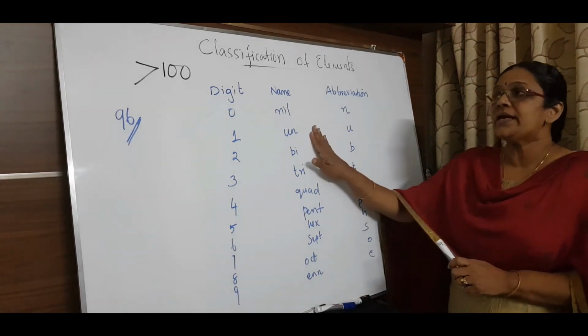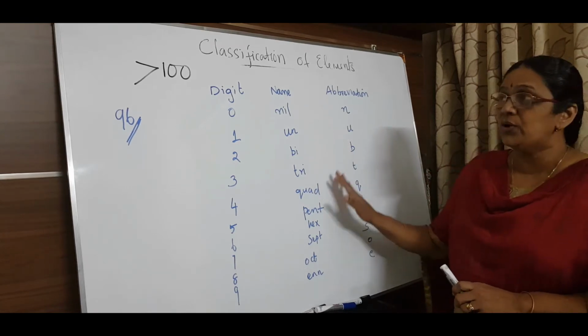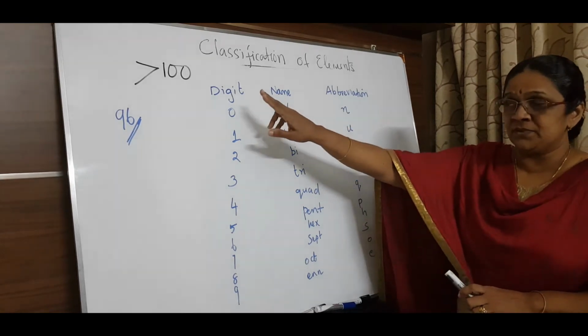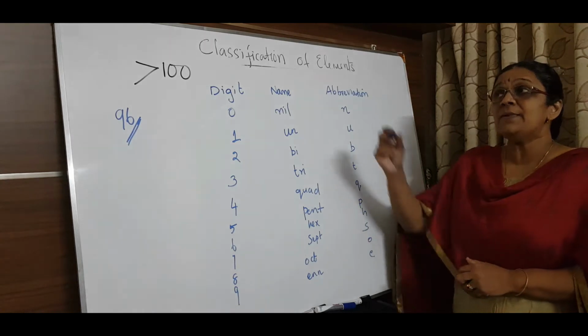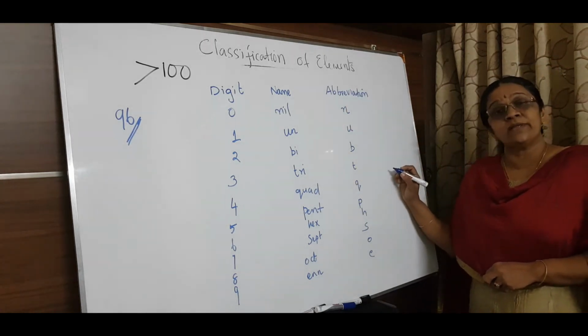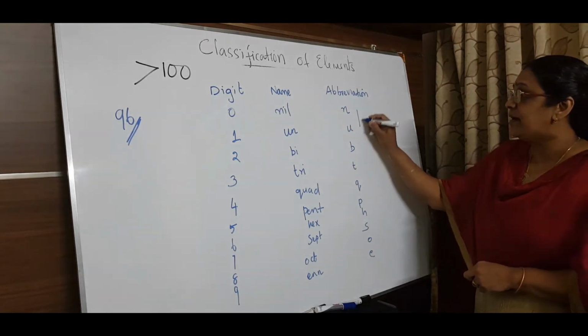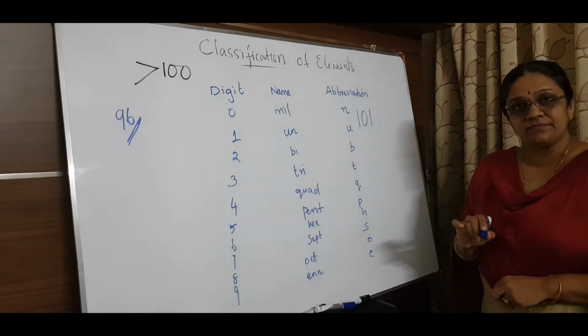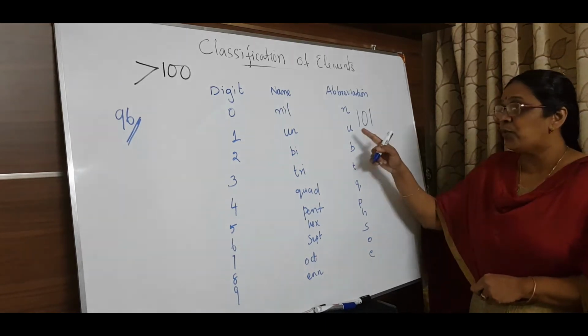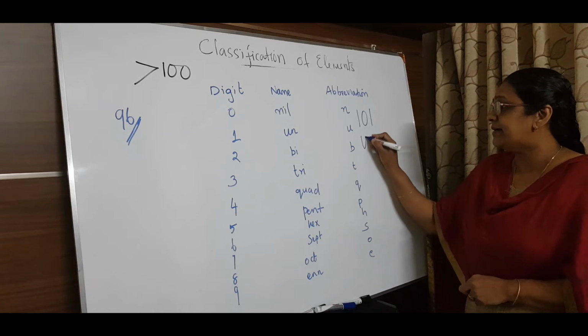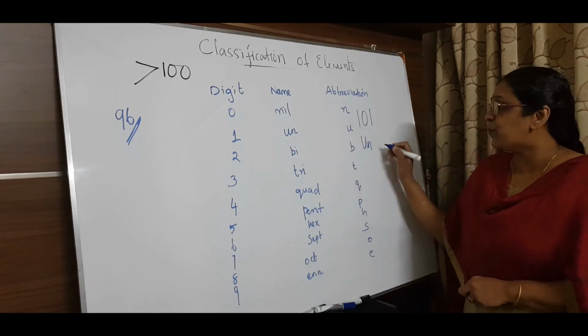Now how will you write the nomenclature for elements with atomic number more than 100? For example, 101, how will you write it? For 1 it is un, isn't it? 0 is nil. Again 1, un. Then the common ending is ium.